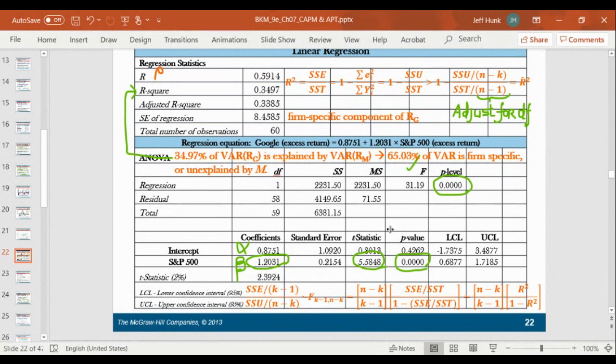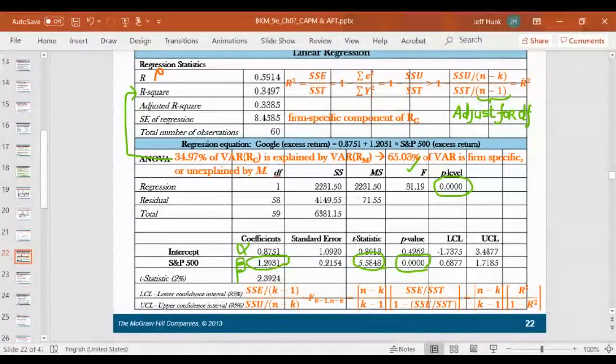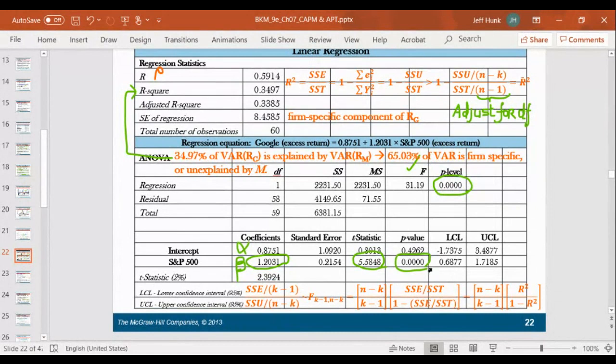And the p-value is a probability. That means the probability of getting a beta estimate that is different from zero falls into the extreme, outlying areas.